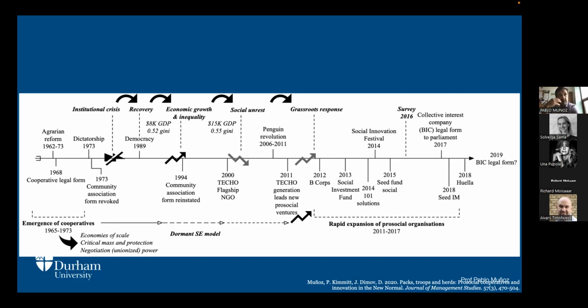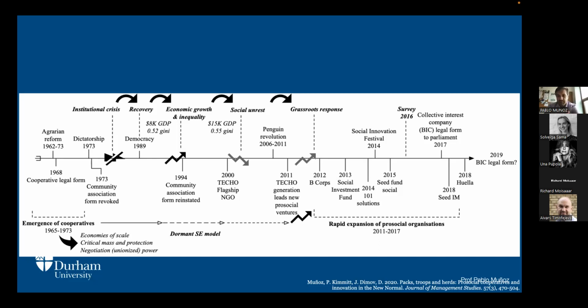And when we recovered democracy back in the 1990s, there was a massive surge of social enterprises, fairly linked to a new generation of people who then went and founded B Corps in Latin America, the social investment funds, and a lot of the things that we're now seeing across Latin America for some reason started in Chile.